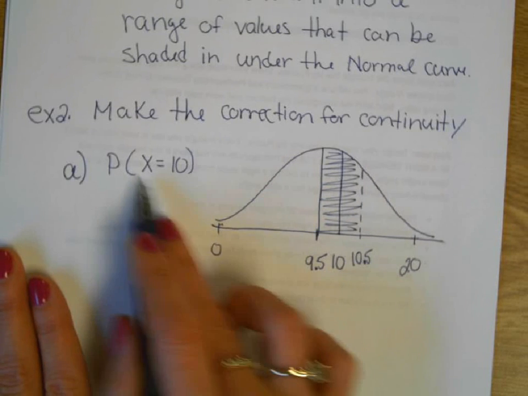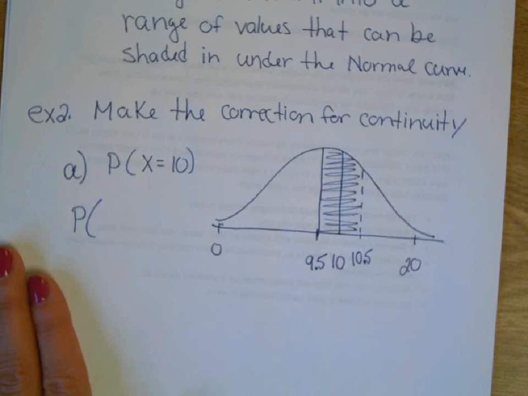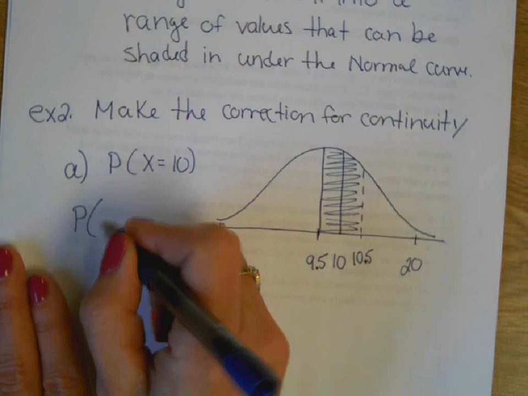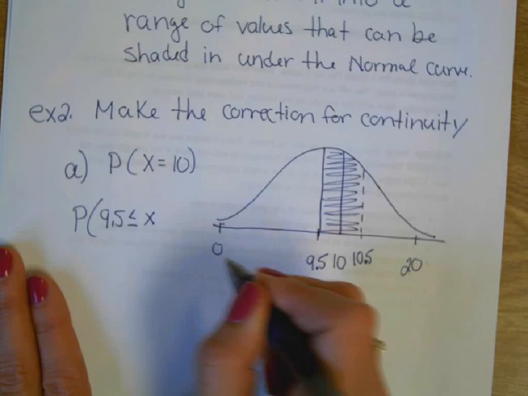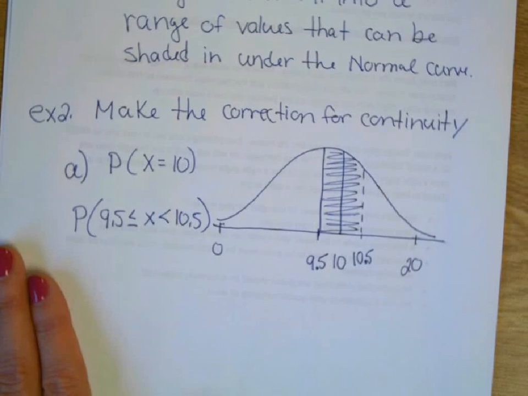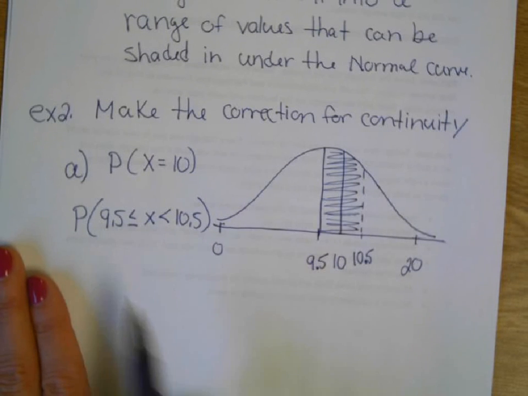But in order to rewrite this for the normal distribution, we would change this x equals 10 to anything greater than or equal to 9.5 but less than 10.5. That's called making the correction for continuity. We need to change the whole number into a shaded region.